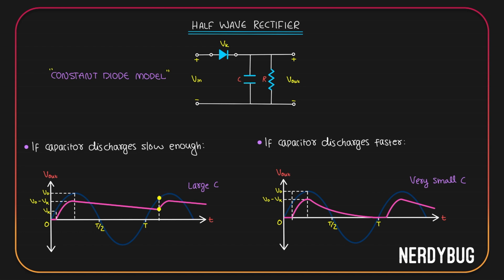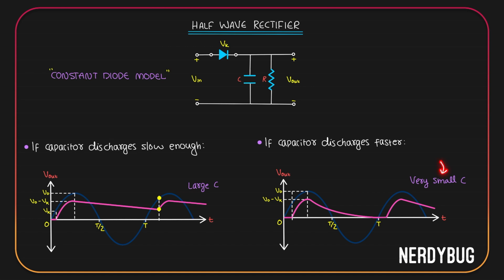The difference between the capacitor voltage and the input voltage is increasing from Vk, which means the diode will become forward biased again, which means the capacitor will start charging again until it reaches the maximum value, after which the diode will go back to reverse bias region and the capacitor will discharge again. This keeps happening every cycle.